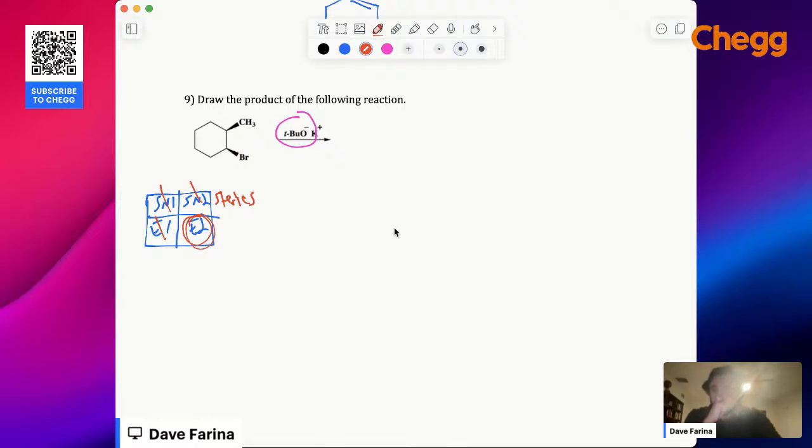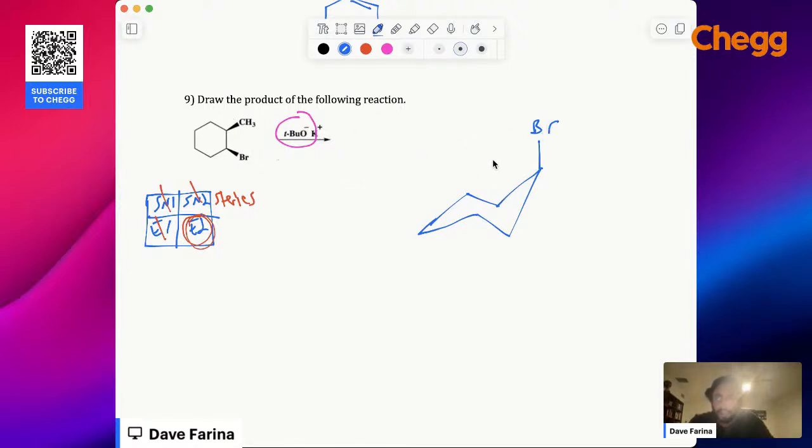But remember what we just learned about. We have to draw the chair, because it may not be the case that all of the protons that seem to be available for elimination are indeed available. So I like to just put the bromine axial right there, right? We have bromine up right there, so that's fine.